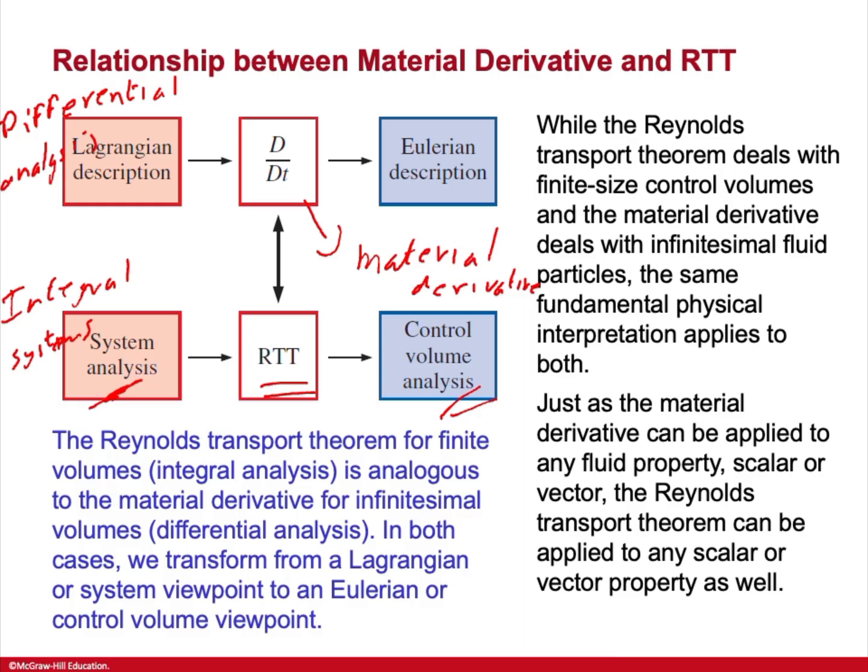So at least you need to understand when to use the material derivative, which is used for differential analysis, and when to use the Reynolds transport theorem, which is used for integral analysis. And what are these used for? They connect the Eulerian and Lagrangian descriptions, and the control volume and system analysis forms.